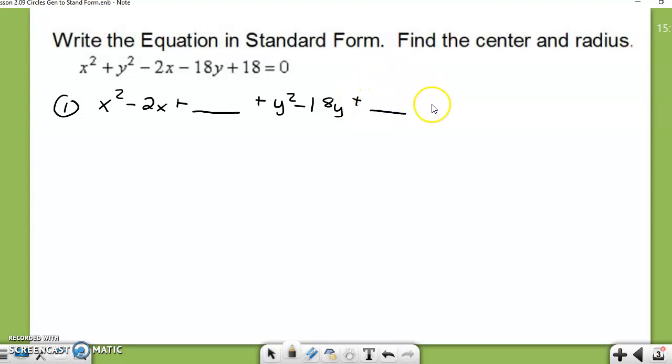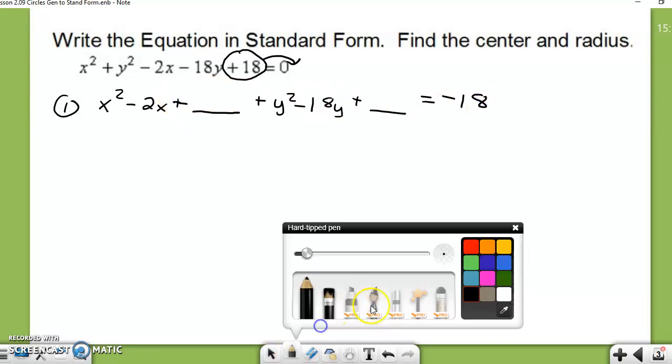And then remember, when we're in standard form, we're no longer equal to 0. So I'm going to take this positive 18, this constant here, and I'm going to move it over to get a negative 18. Okay, so that's step 1.